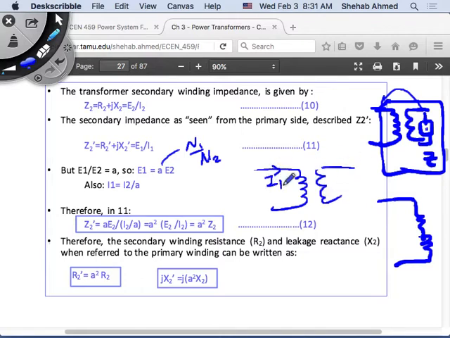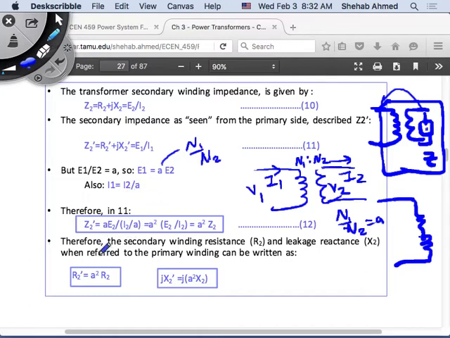So this is I1, this is I2, V1, V2, and this is N1, N2, where N1 over N2 is my turns ratio A. So I know E1 is equal to A times E2, and I1 is equal to I2 divided by A.